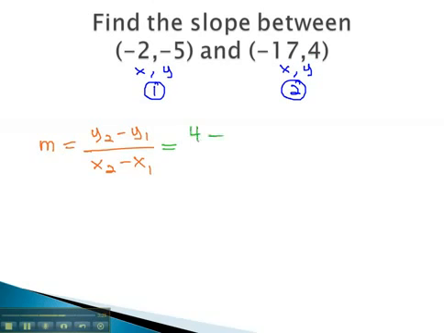Minus y1, y from the first point, would be -5. Over x2, x from the second point, is -17. Minus x1, x from the first point, is -2.